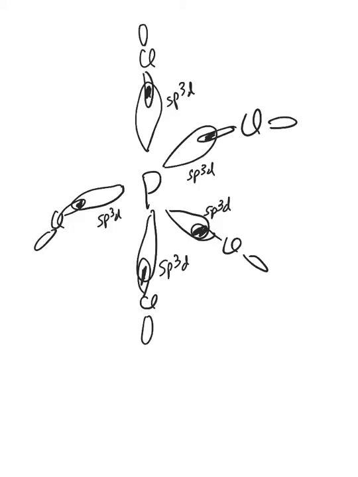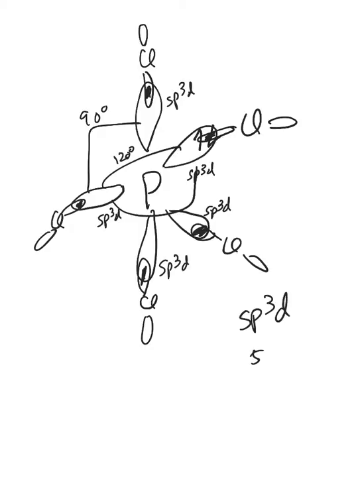And so if you wanted to, you could look at it as the p orbital having an electron and the chlorine bringing an electron. And so that gives rise to our 120-degree bond angles that are equatorial. There are 90-degree bond angles between the axial and equatorial positions. So that's sp3d, 5 hybrid orbitals.